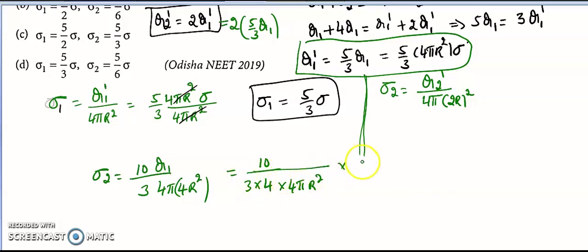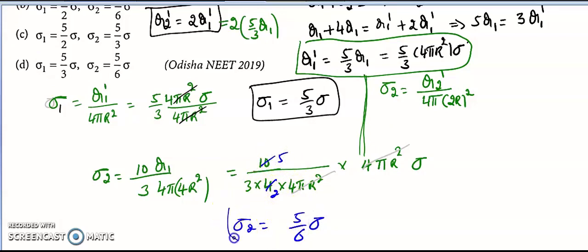What is Q1? Q1 is 4 pi R square into sigma. So now which terms are cancelled? 4 pi R square gets cancelled. So sigma 2 is equal to 2 by 2 cancels, and the answer is 5 by 6 sigma.